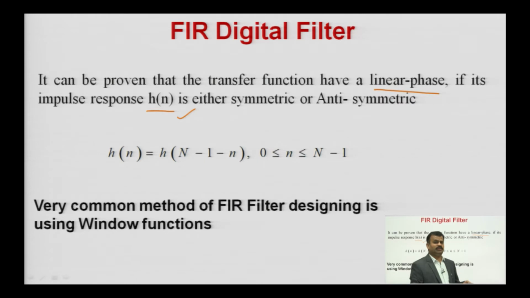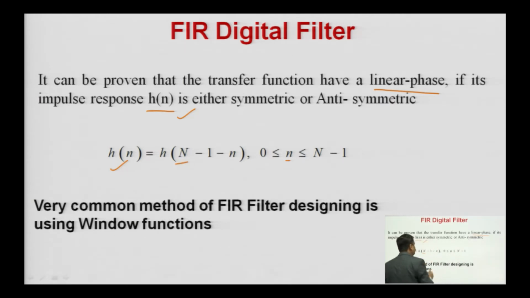So, it will be symmetric or antisymmetric. If it is symmetric, then it satisfies this condition: h of n is equal to h of N minus 1 minus n, where small n lies from 0 to N minus 1.